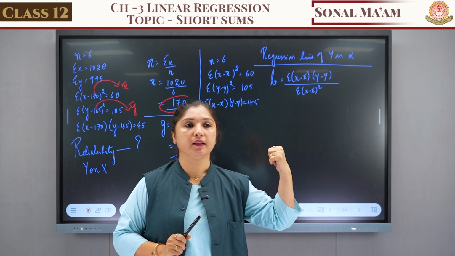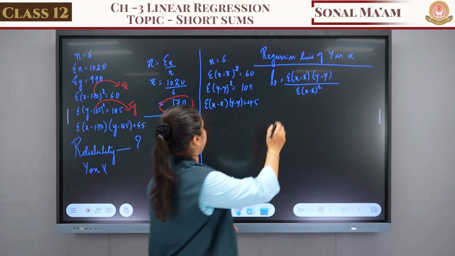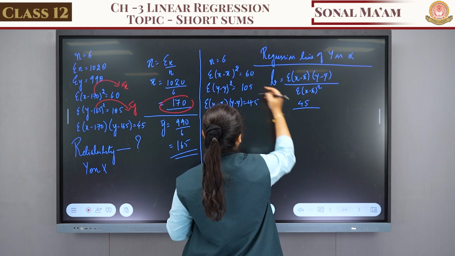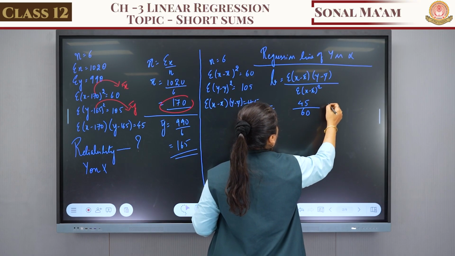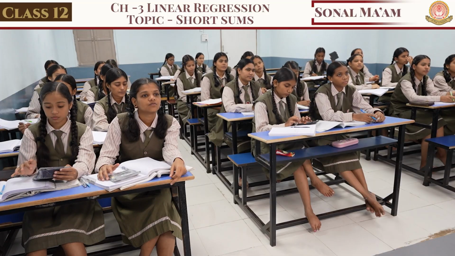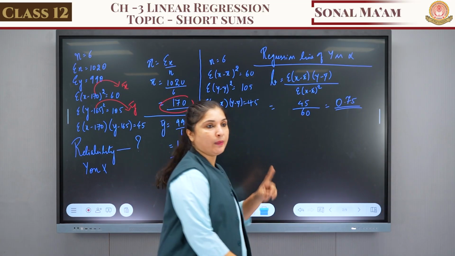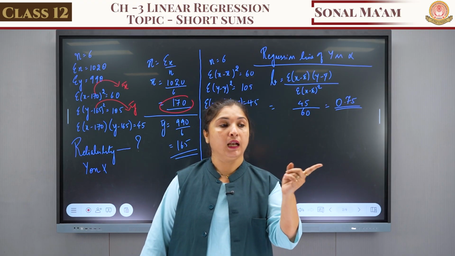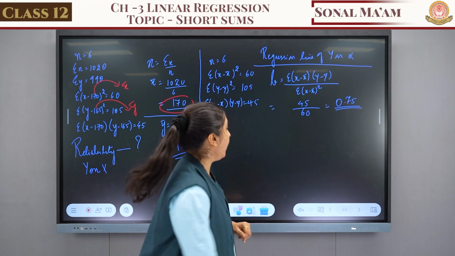So this is b. 45 will be divided by summation x minus x bar the whole square, that is 60. The value of b will be 0.75. So my first step is done. What was my first step? To find out b.